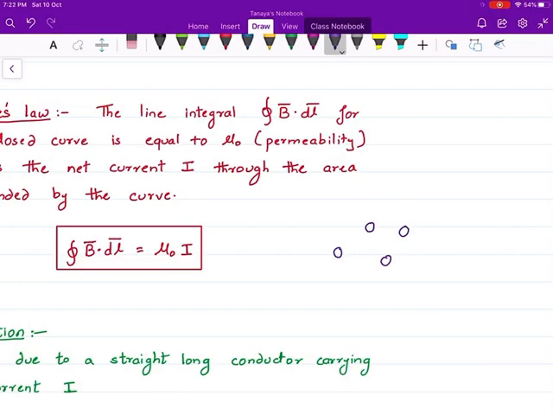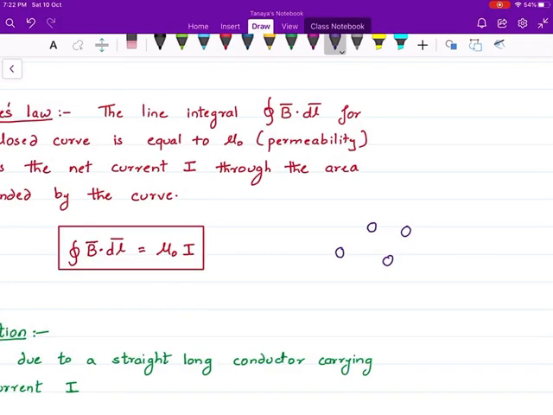These are not circular wires, they are straight wires going into your screen, carrying current in different directions. Let me call this wire 1, this 2, this 3, and this 4.